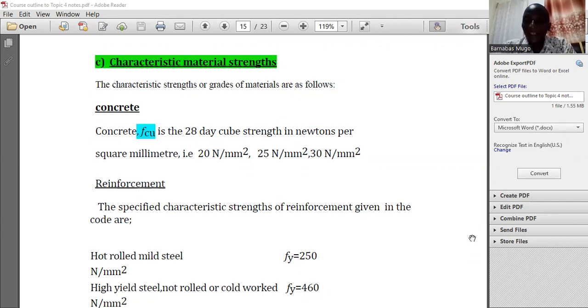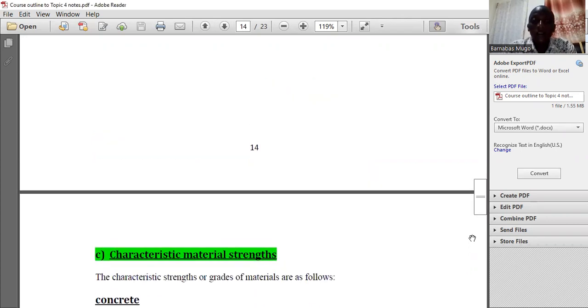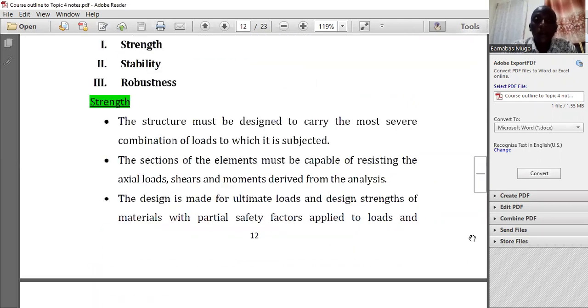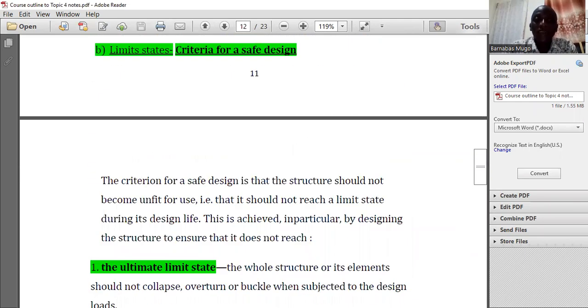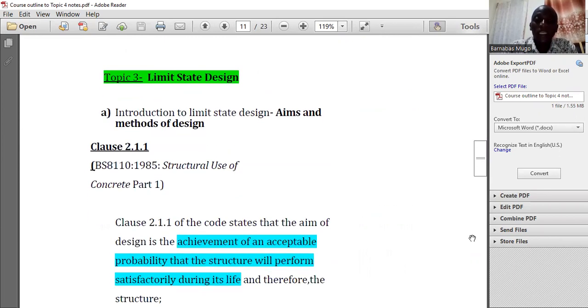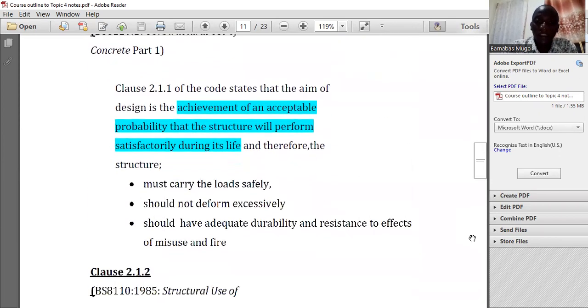So in this second video, I want us to continue with the characteristic strength of materials. And remember, we just said that in the third topic, we are supposed to learn about the ultimate limit state design and also the serviceability limit state design.